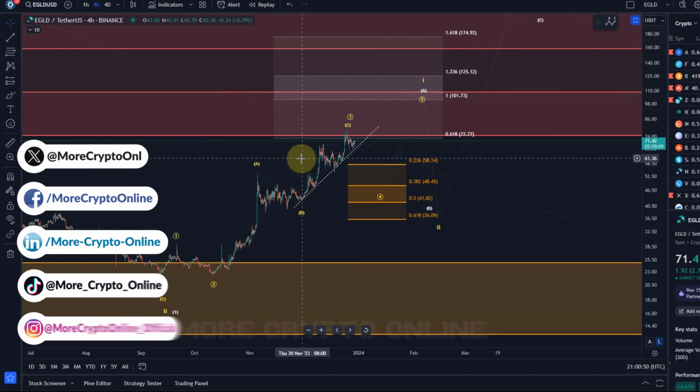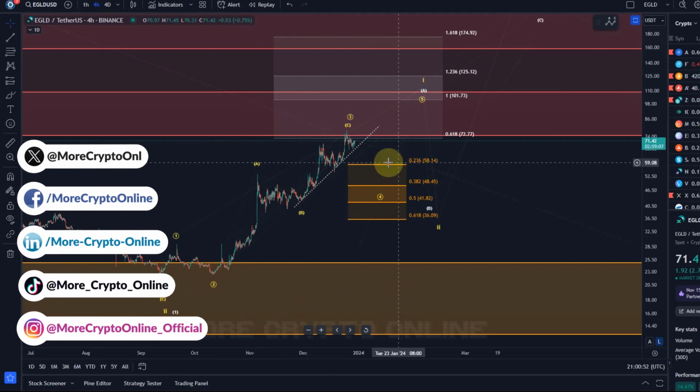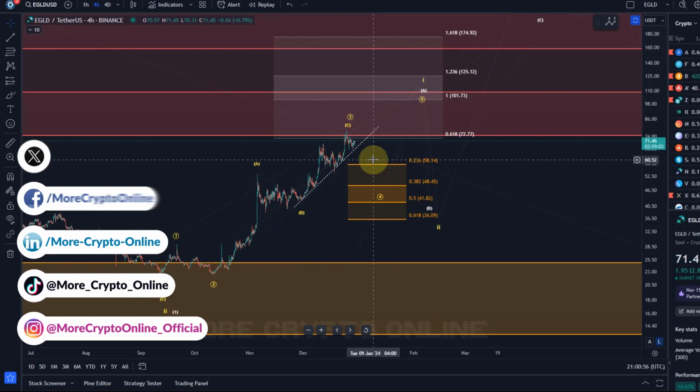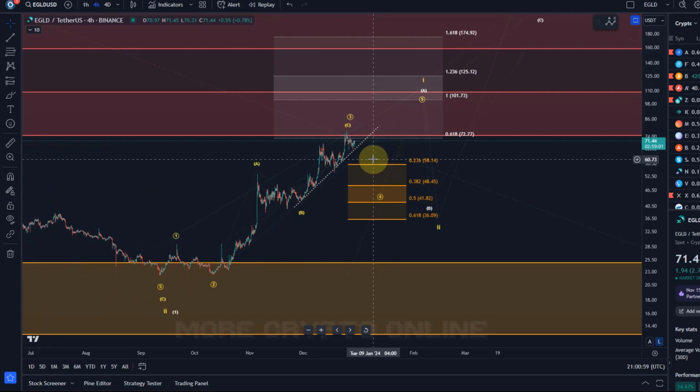EGLD has performed quite well over recent weeks. I have changed the wave structure slightly, communicated that already on Discord and Telegram a few days ago. I'm moving the chart from a previously potential impulsive structure to a diagonal pattern. In this diagonal pattern, we are possibly just wrapping up the C wave.